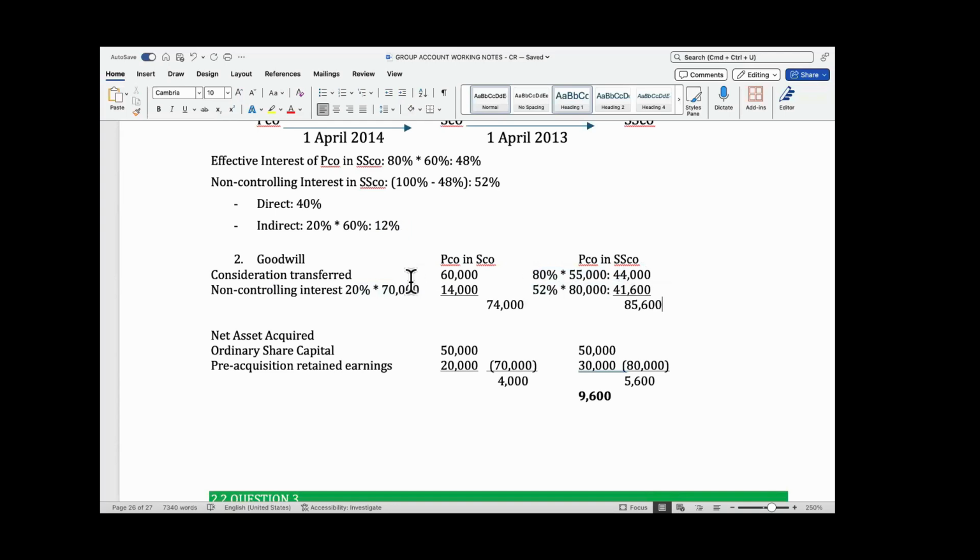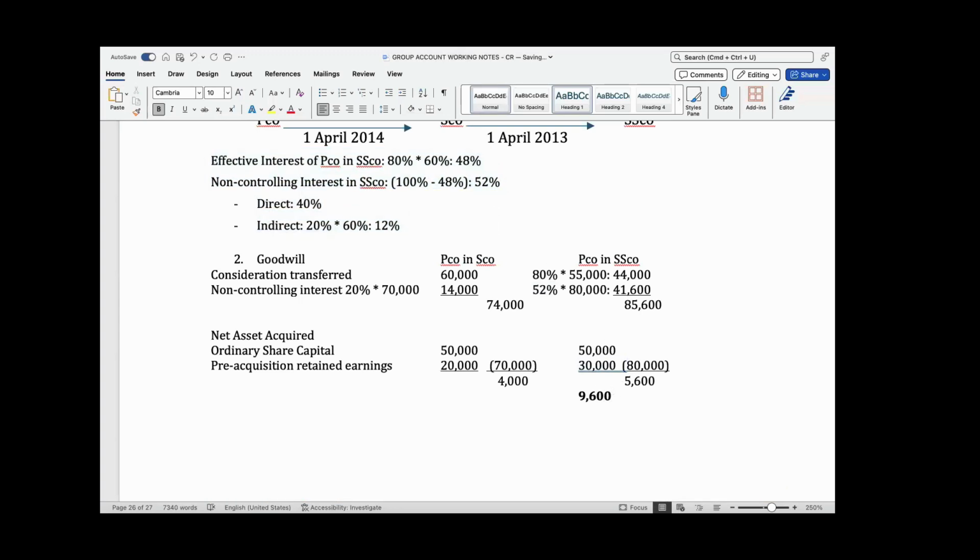And I've told you this 20% holding in 75. This one is straightforward. The NCI effective holding in SSCO is also 52%. So if you don't understand it now, if you have to cram, then cram it. Over time, maybe you understand it later, but that means you have not even revised what we actually did last week. What I did here is what I explained last week already. Then go and watch that video again so that you understand it. We are wasting time on the least important. Okay, sir. All right. Thank you, sir.